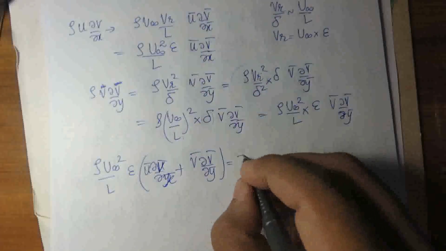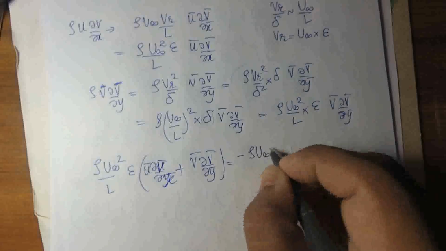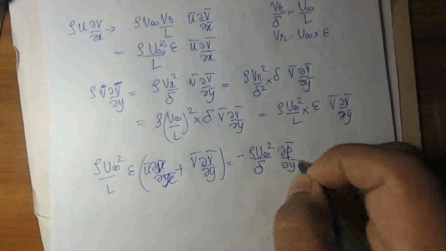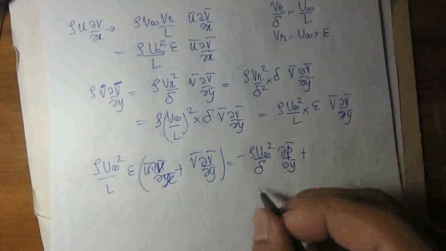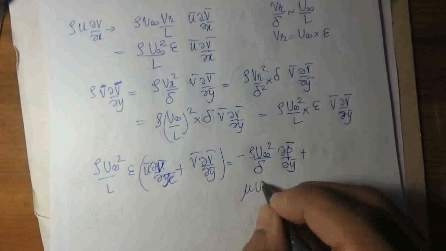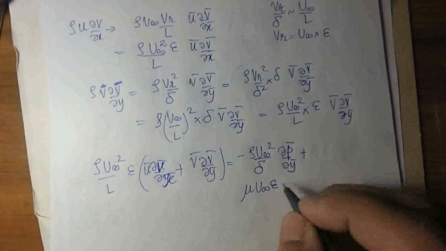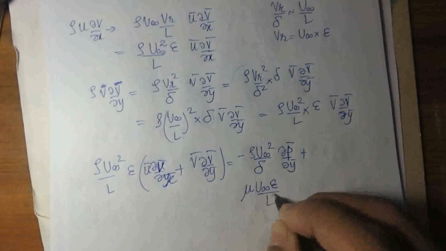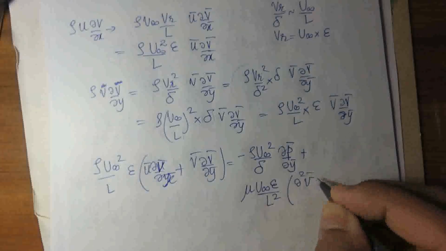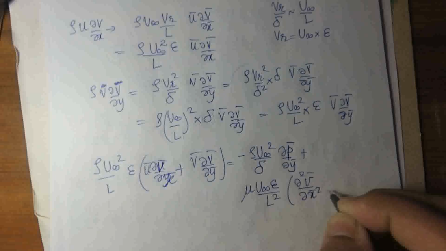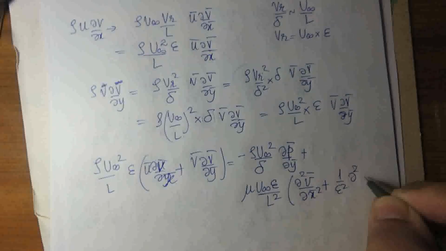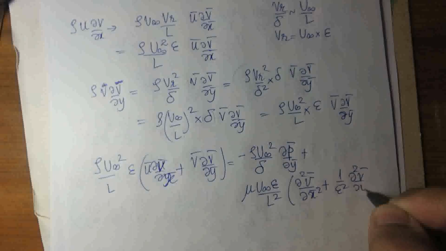So del p del y is equal to minus rho u infinity square by delta times del p bar by del y bar, and the next term will be mu into u reference, which is u infinity times epsilon by L square. If I take everything common, del 2 v bar by del x bar 2 plus 1 by epsilon square del 2 v bar by del y bar 2.